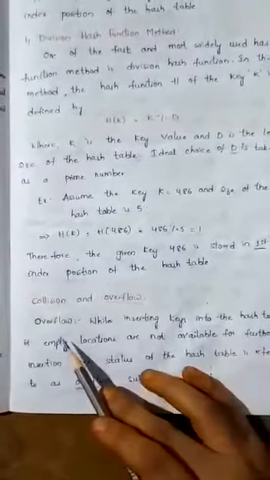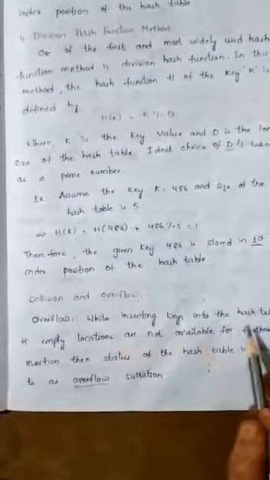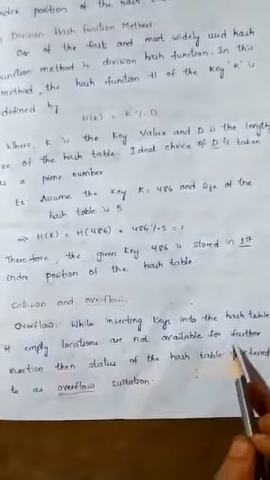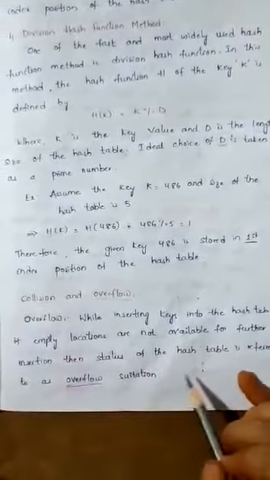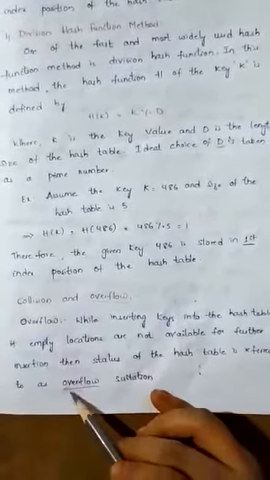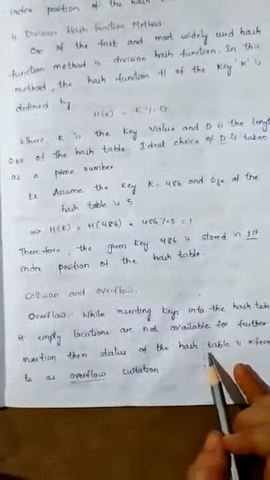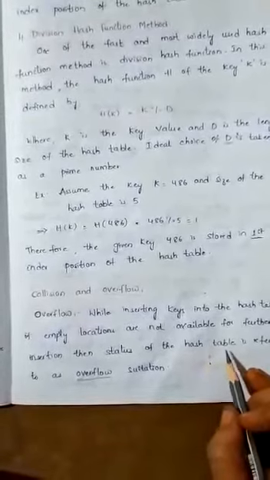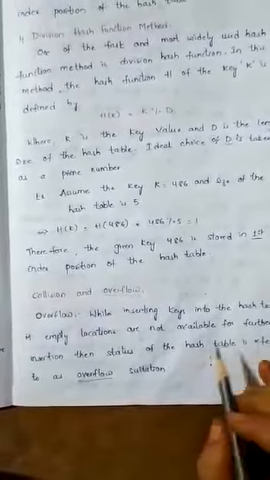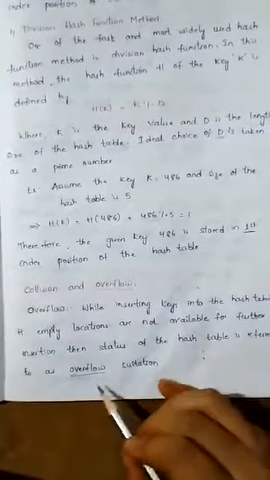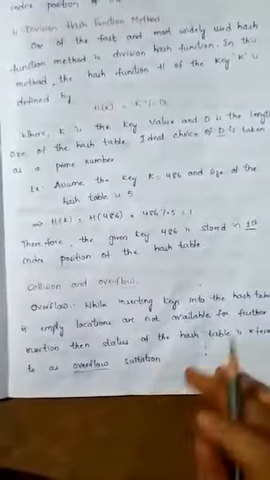While inserting keys into the hash table, if empty locations are not available for further insertion, then the status of the hash table is referred to as an overflow situation. When the hash table is filled with elements, if there is no empty space and we are trying to insert another element, that situation is called an overflow situation.